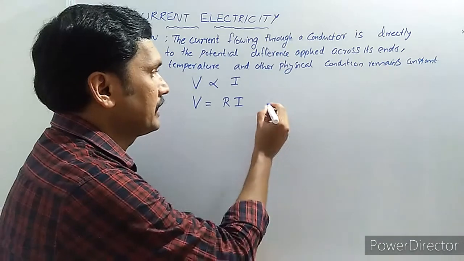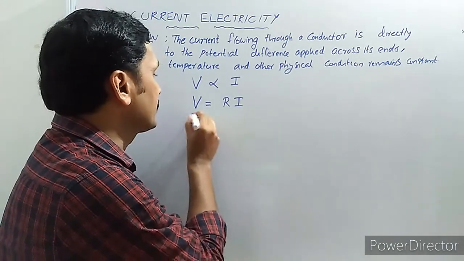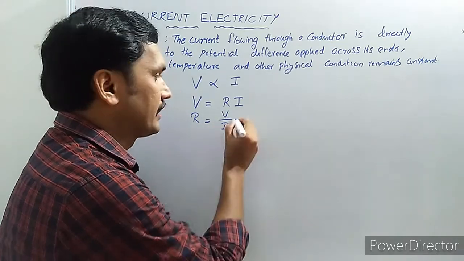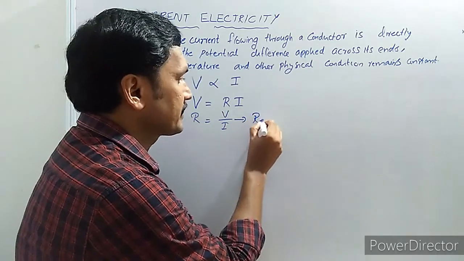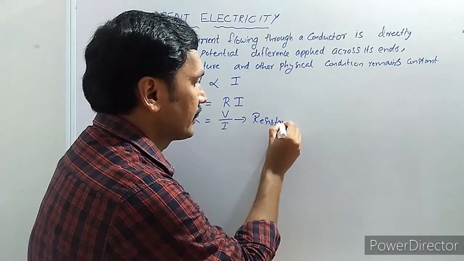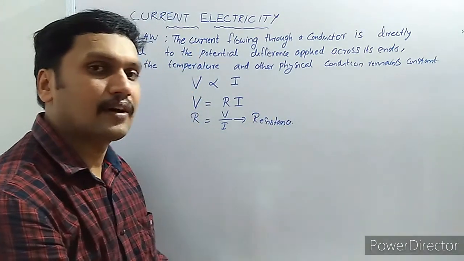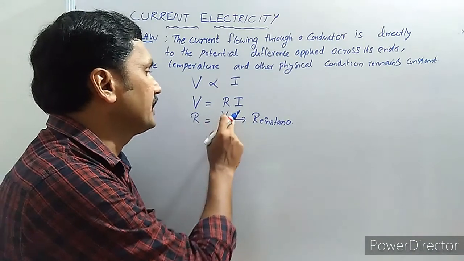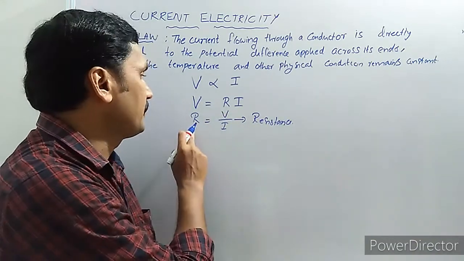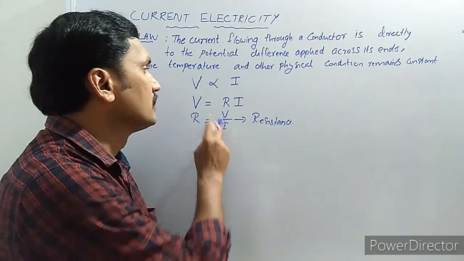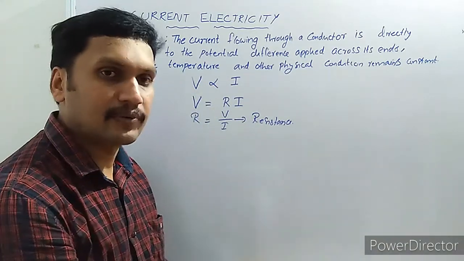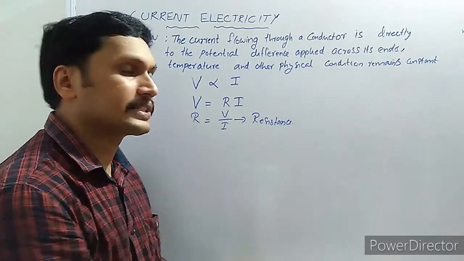This proportionality constant R is equal to the ratio of potential difference and current, and is known as the resistance of the conductor. R is independent of both V and I, because V is directly proportional to I. When V increases, I also increases, keeping R constant.